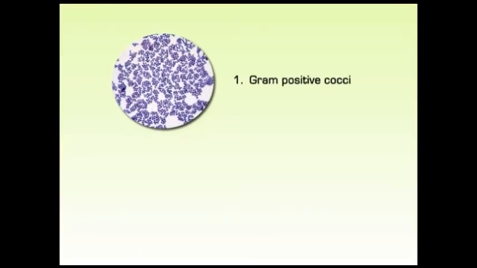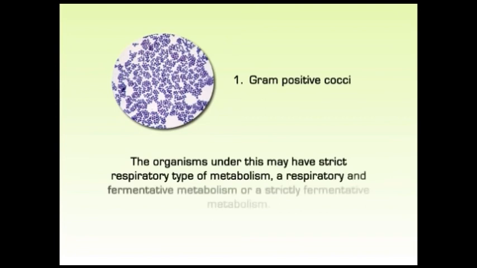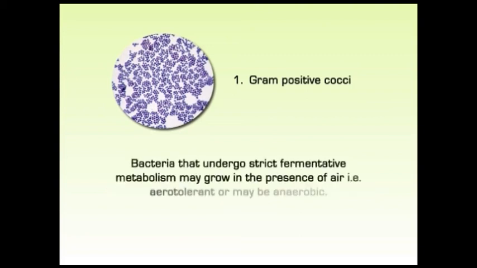The gram-positive bacteria included in Bergey's Manual Volume 2 include, the first one, gram-positive cocci. The organisms under this group may have a strictly respiratory metabolism, a respiratory and a fermentative metabolism, or a strictly fermentative metabolism. The bacteria that undergo strictly fermentative metabolism may grow in the presence of air, that is, aerotolerant, or may be anaerobic.